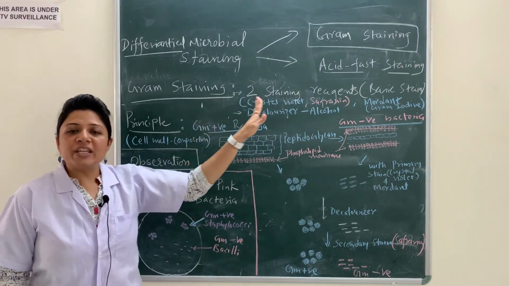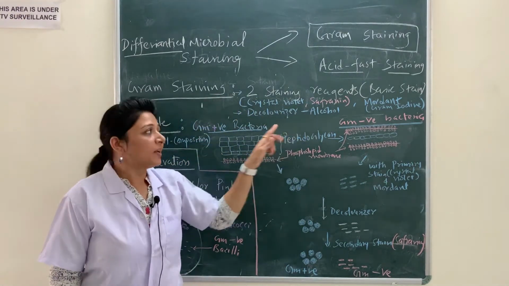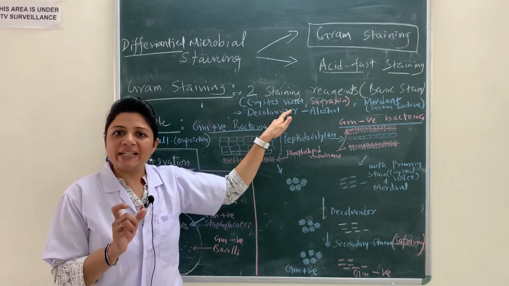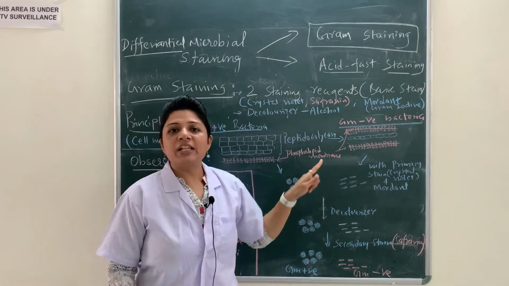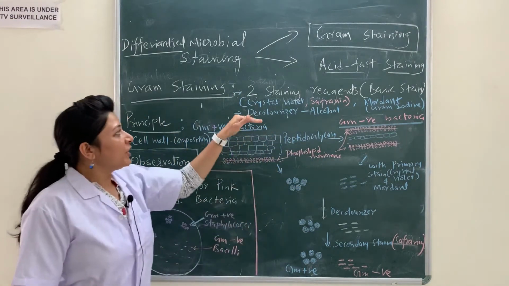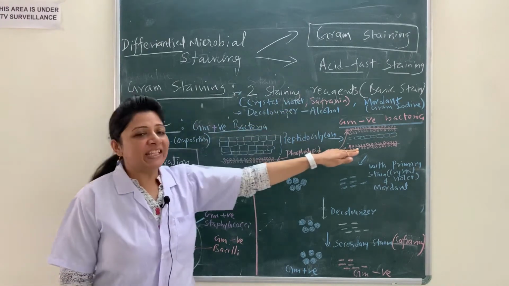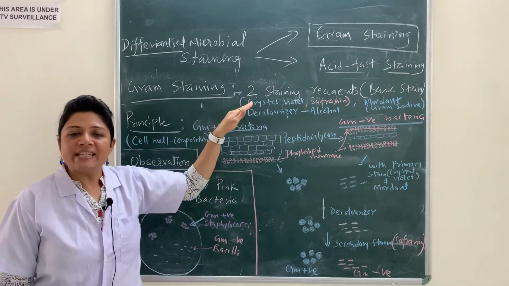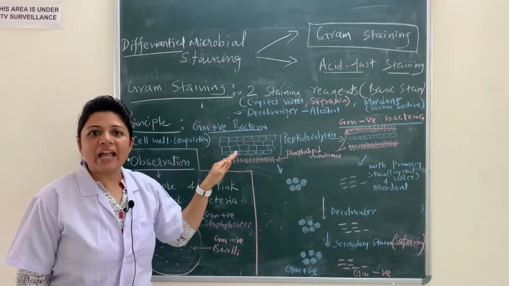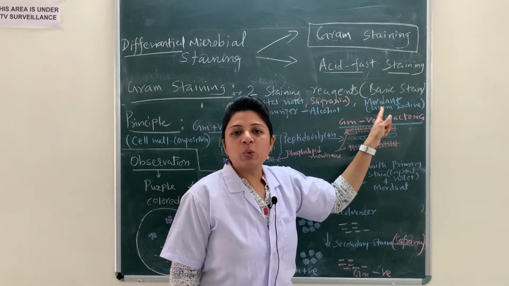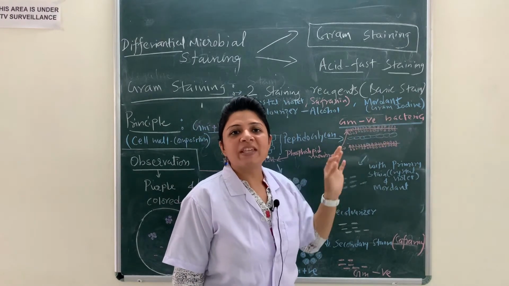The two stains which we have to use are crystal violet, which will give you blue or violet color, and safranin, which will give you pink colored organisms. Safranin will stain gram negative bacteria pink, whereas crystal violet will stain the gram positive bacteria violet. Along with that, we have to use a mordant, that is Gram's iodine.